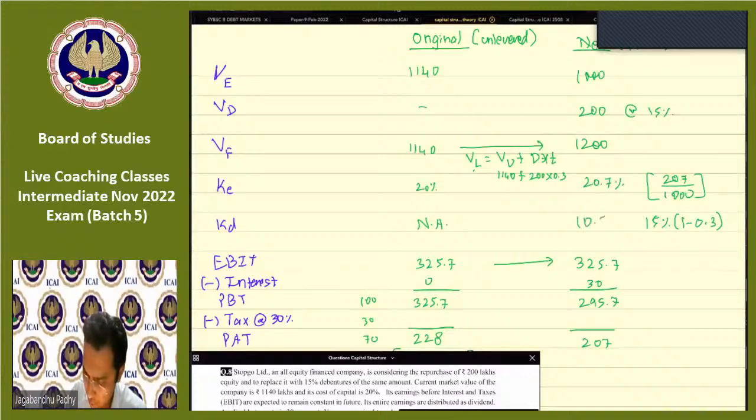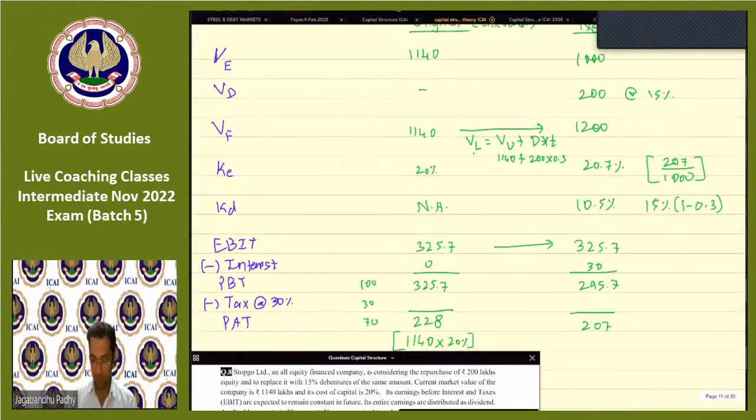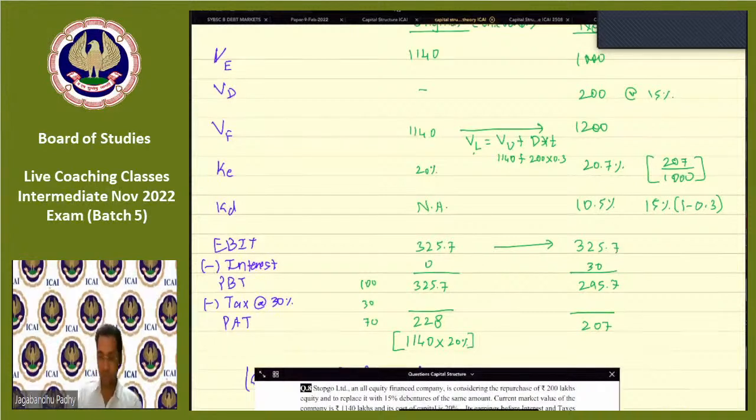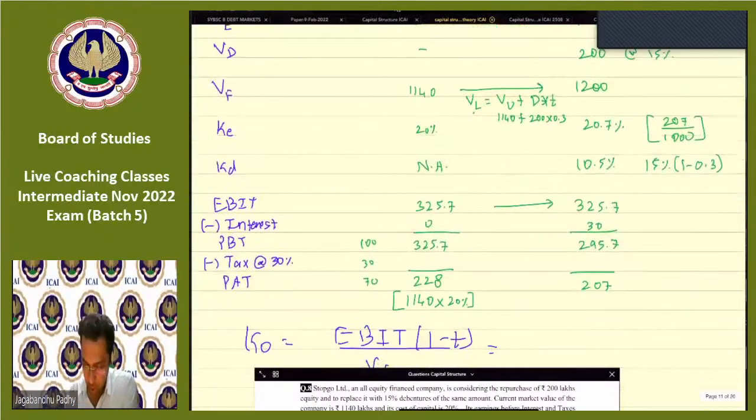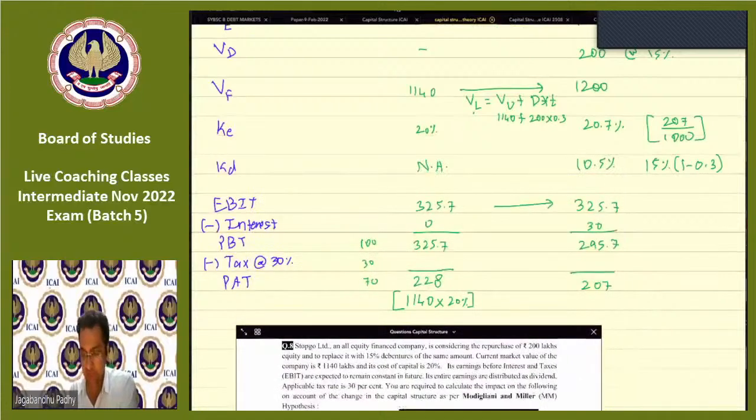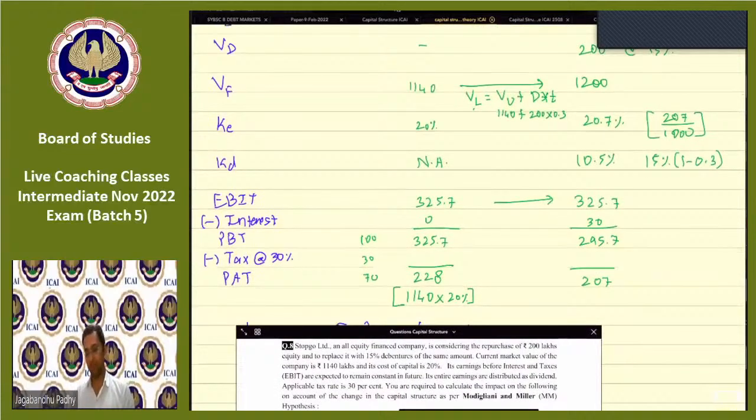So that's 10.5%. Now, we have the cost of debt, cost of equity, value of equity, value of debt. Can you get the overall cost of capital, KO? Can you compute KO over here in this case? Calculate the KO, guys.